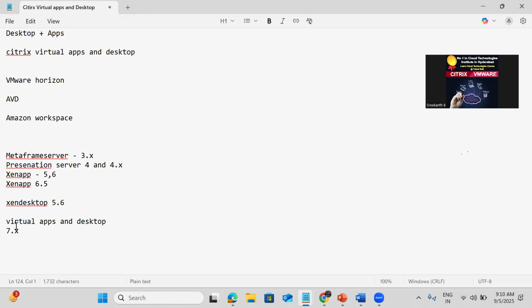Okay, so any idea what the current versions are? What are the latest versions we have? Say 7.151, like this they have given, 1.19 like this. And Citrix maintains two types of versions: one is called CR, the second is called LTSR.